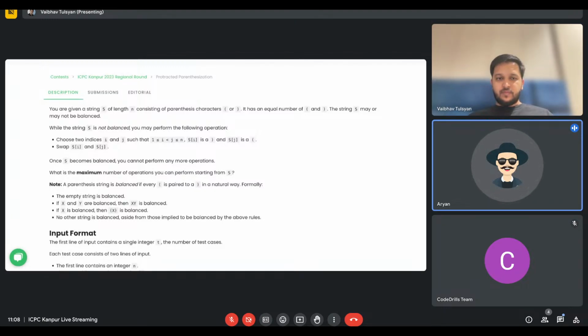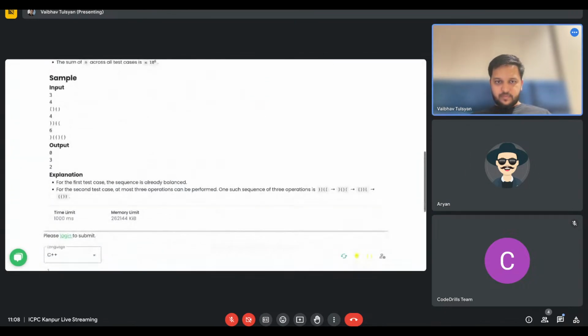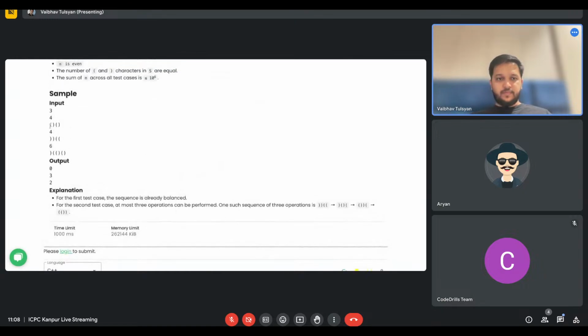We can also go through the samples once. The first case is balanced, so we can't make any swaps here.